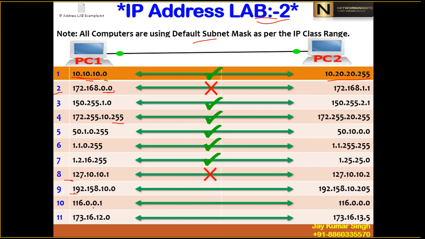Okay, number 9. It uses 205, but not 255, right? 205 is not 255. 205 is different and 255 is different. 255 is not allowed, but 205 is allowed. 205 is allowed for the subnet mask.